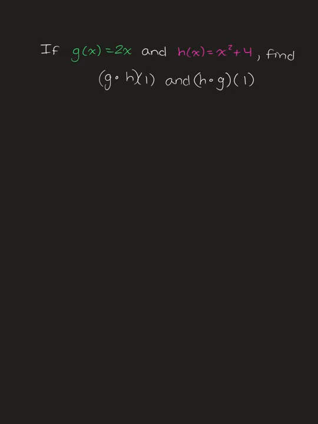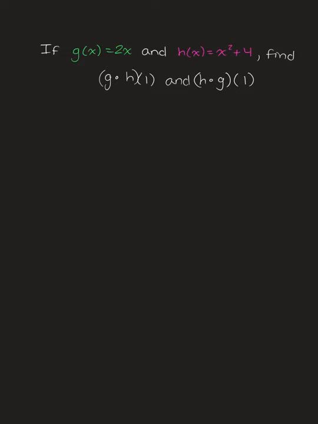So I have g of h of 1. That is equal to g is your outside, and then h of 1 is your inside. So if you evaluate h of 1, that is 1 squared plus 4, so that is 5.